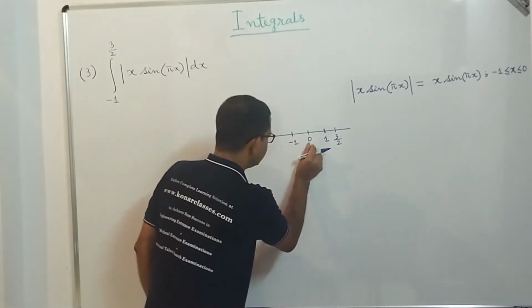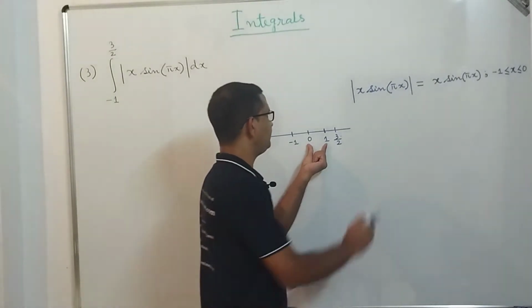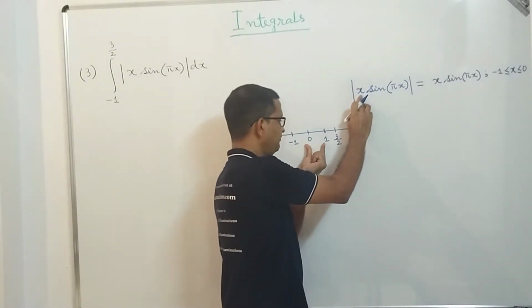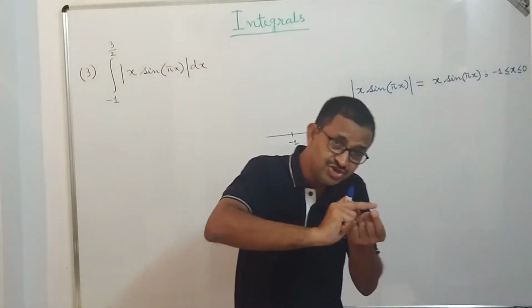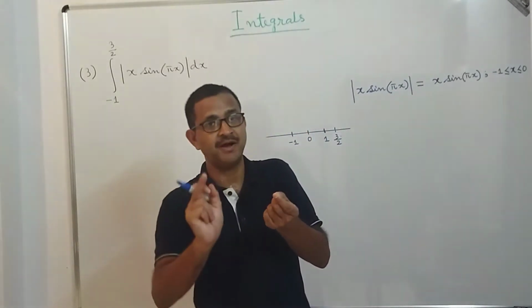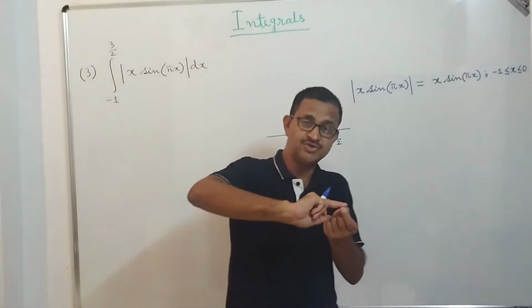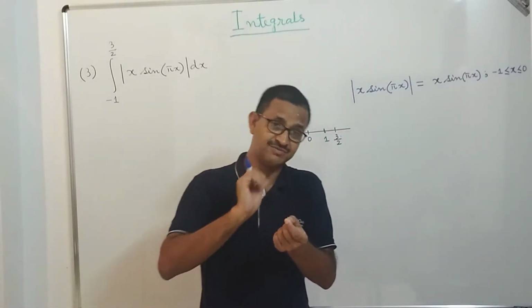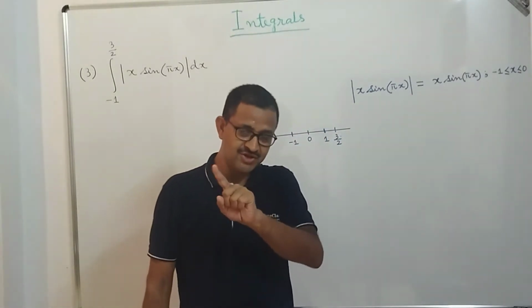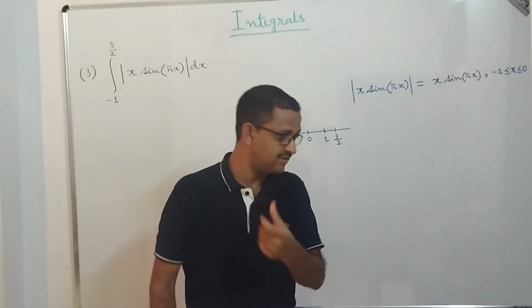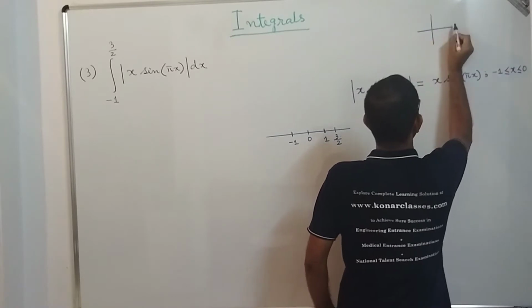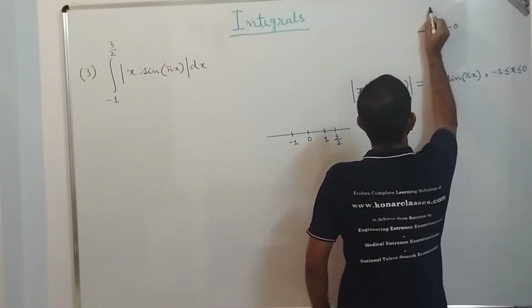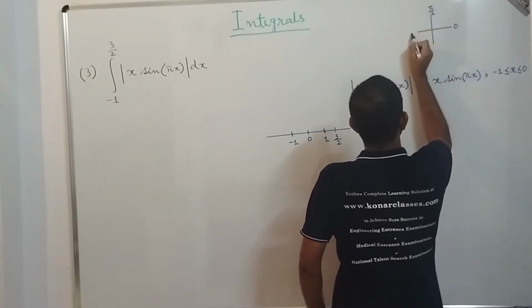Now let's look into 0 to 1. 0 to 1 means x is positive, and sin πx is also positive, because sine from 0 to π is positive. If you look at 0 to π, this is 0, this is π/2, and this is π.